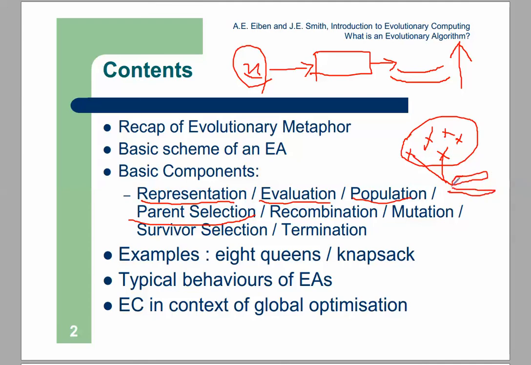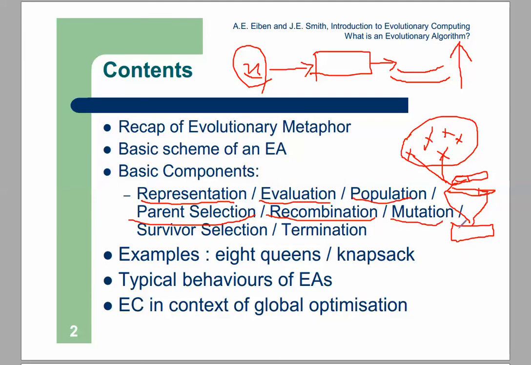The selection of parents is called parent selection. Recombination is the combination of some genes of the parents. Some genes of this parent recombine with genes of that parent and produce an offspring or children.